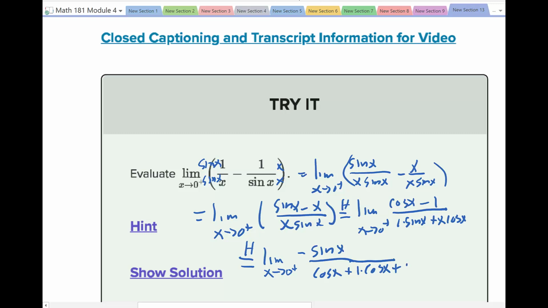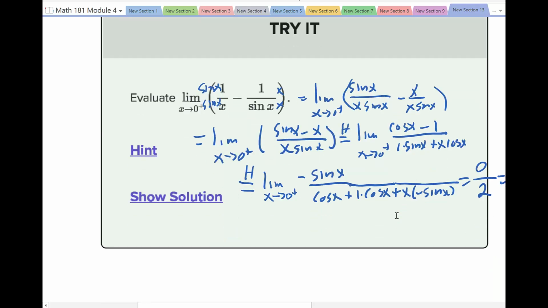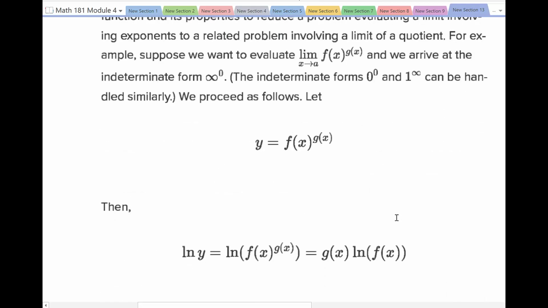And then plus x times the derivative of cosine, which is negative sine x. So now in the numerator we have a 0. In the denominator, cosine of 0 is 1, cosine of 0 is 1, but then the sine of 0 is 0 and x is 0. So we have 0 over 2, which is then 0. Okay.